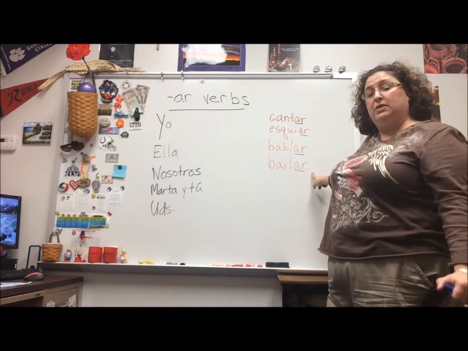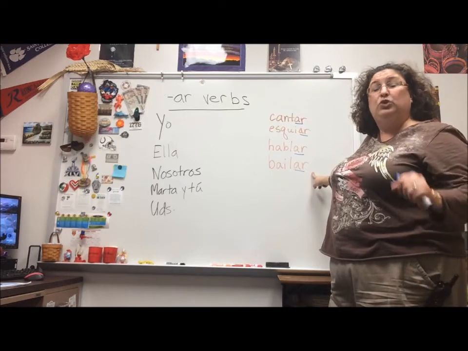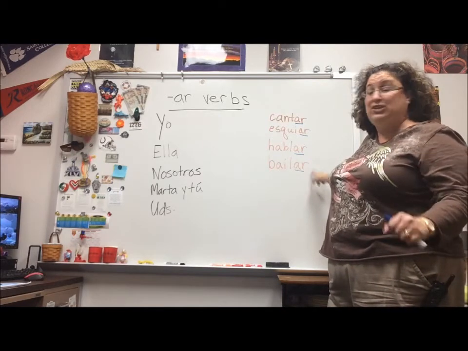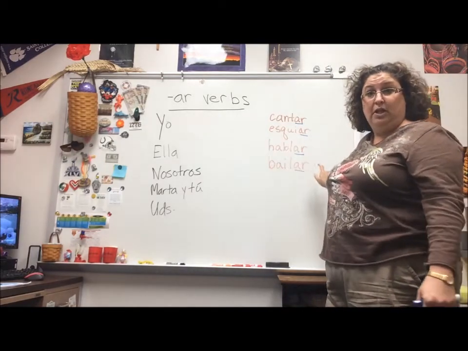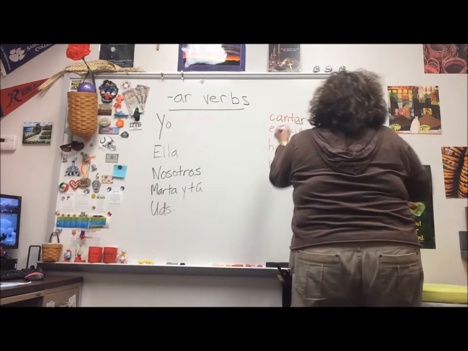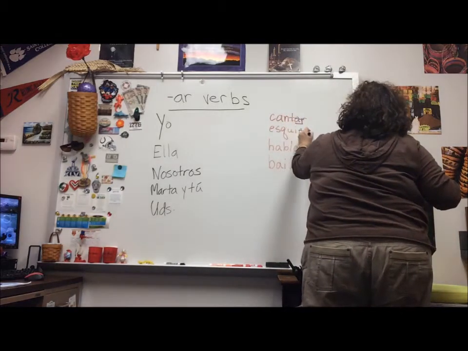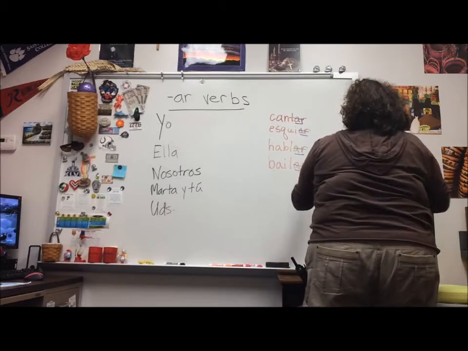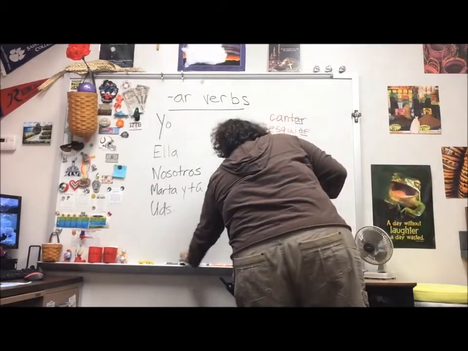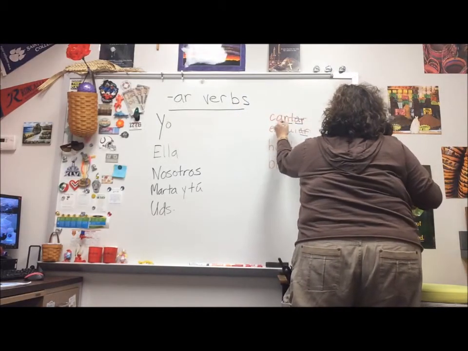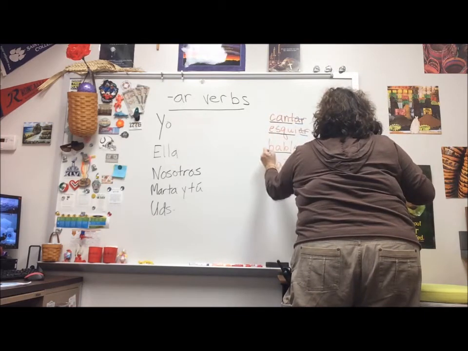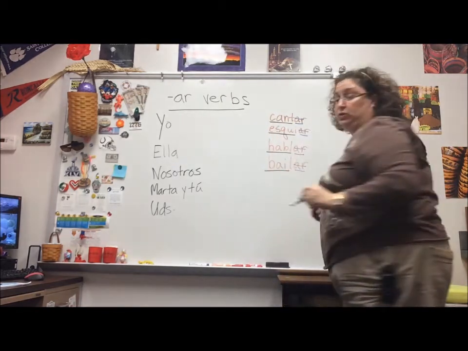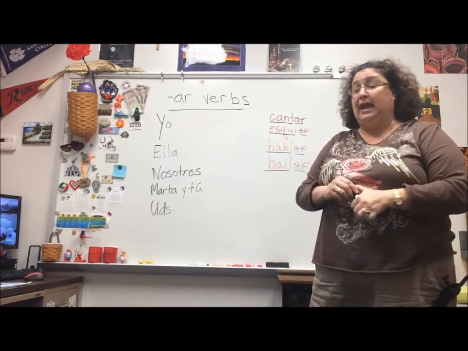So what's the first thing we're going to do when we conjugate these verbs, use them in a sentence with our pronouns? The first thing we're going to do is cross out the ARs. So we still have what we call our stems.